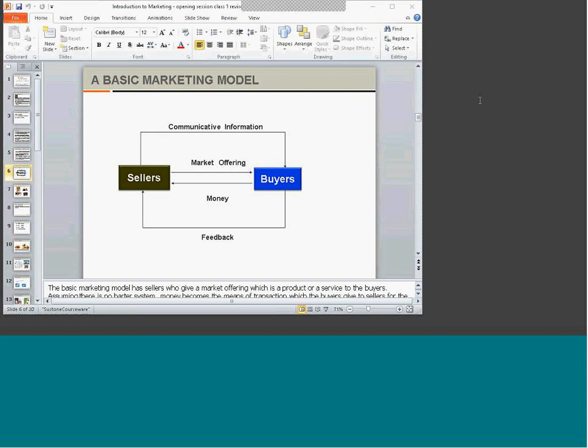Okay. So next question is, fixed or variable? Suppose I go to buy a shirt. Would the quality of that particular shirt be variable?